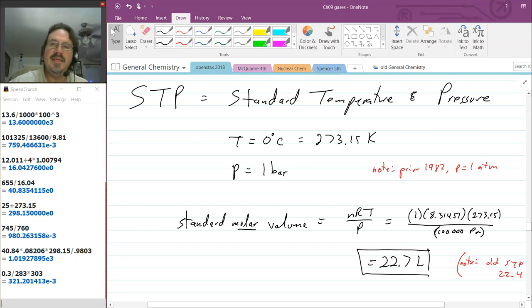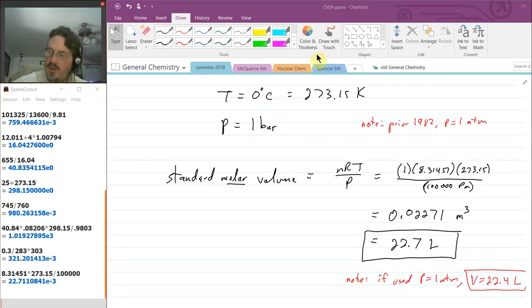Now, under STP conditions, I know temperature and pressure, so you could ask, what does V equal if I have exactly 1 mole of gas? The volume would equal, well, PV equals nRT, so nRT over pressure. If I put those standard numbers in for pressure and temperature and 1 for a mole, that tells me my molar volume under standard conditions. It's called standard molar volume.